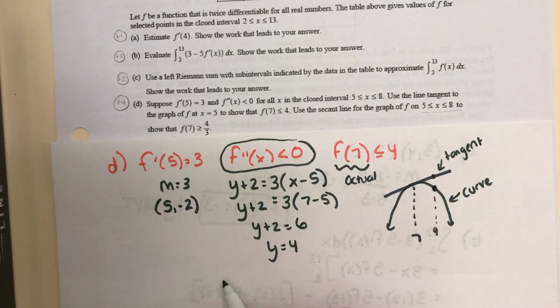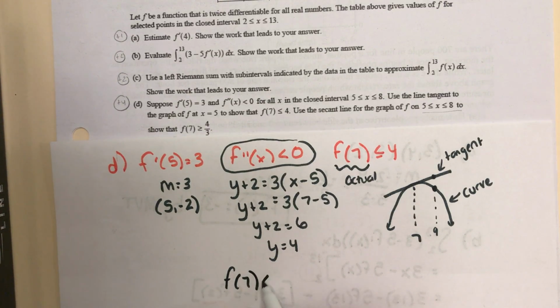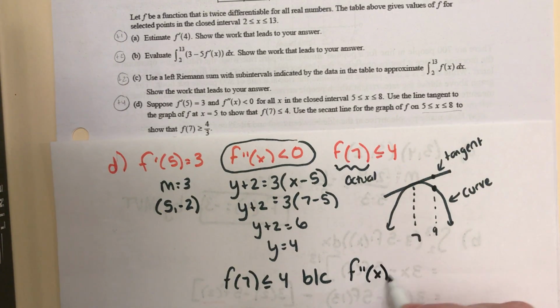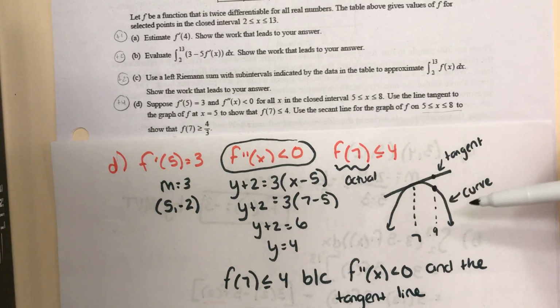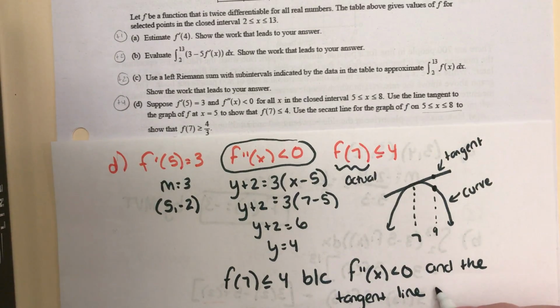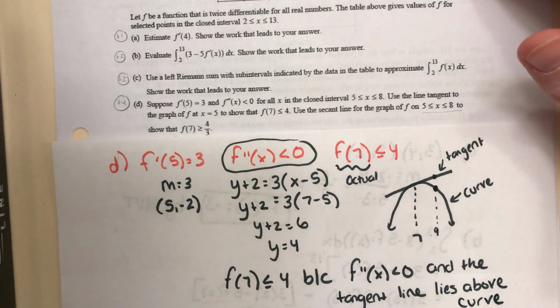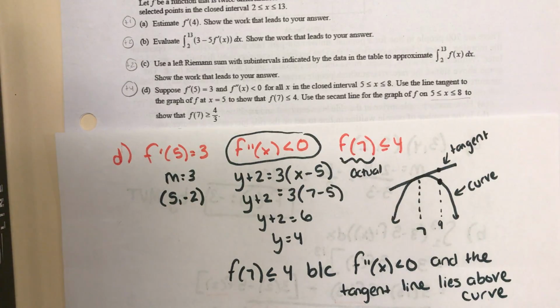So how we would say that is f of 7 is less than or equal to 4 because f double prime is less than 0, or you could say that the graph is concave down and the tangent line sits above the curve, or lies above the curve. So that would be our complete explanation.